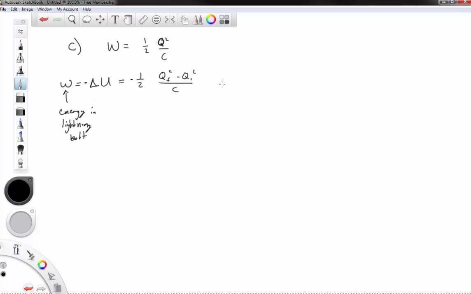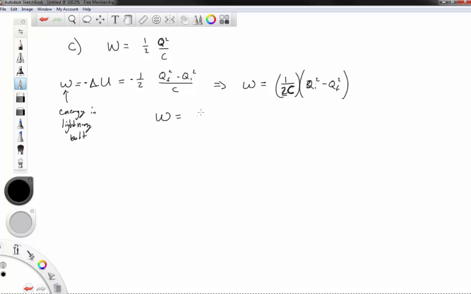And so basically what this lets us do is work is equal to 1/2 times C times basically the initial squared was the 30 and the final is 15.